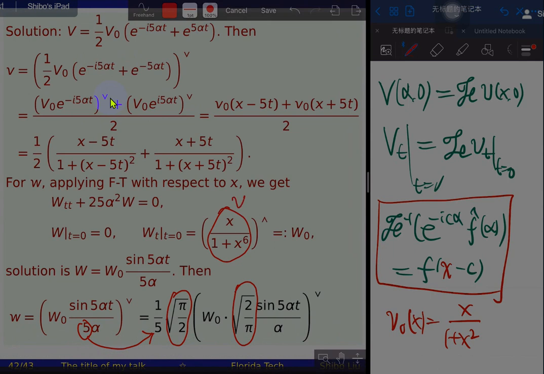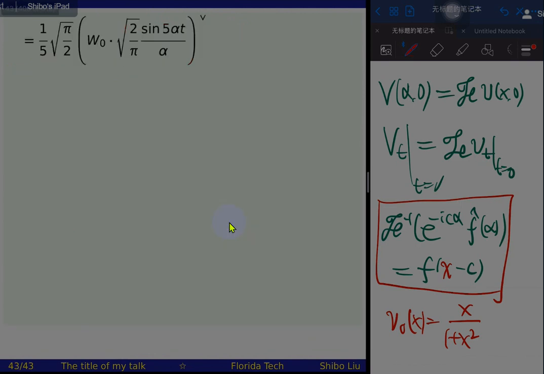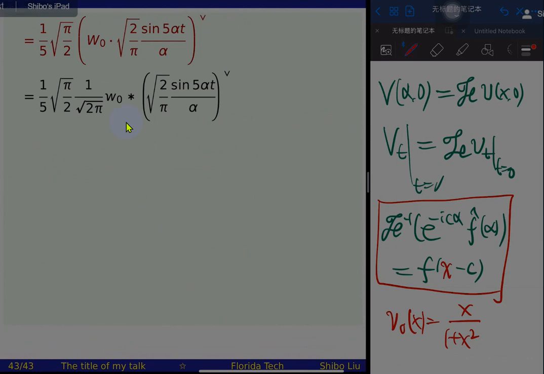Small w0 applying Fourier transform gives us capital W0. Now, convolution with the Fourier inverse transform of this function. Checking the table of Fourier transforms, you can find that this inverse is the characteristic function of this interval.